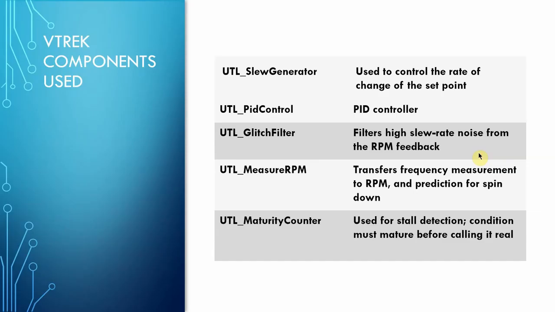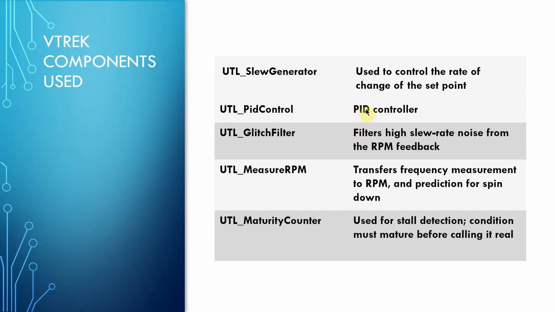This slide shows the Vtrex software components that we're going to use. The first is a slew rate generator. We're going to use that to control the rate of change of the set point. Then, of course, the PID controller, proportional, integral, differential controller for closed loop control.